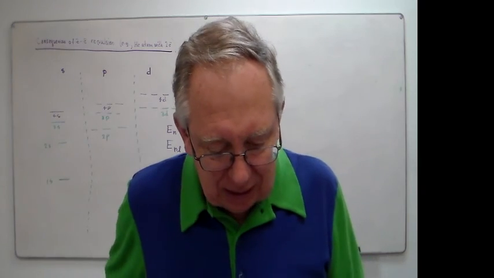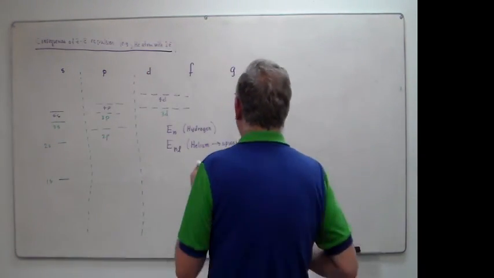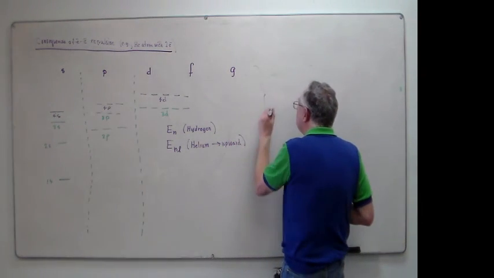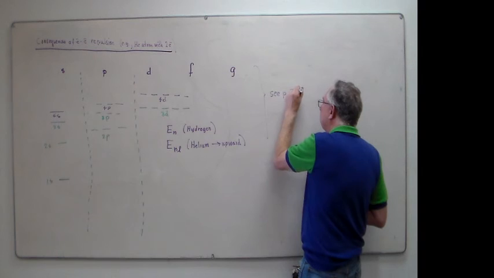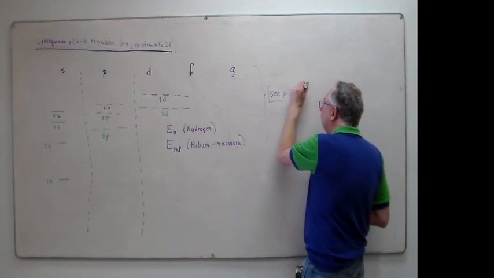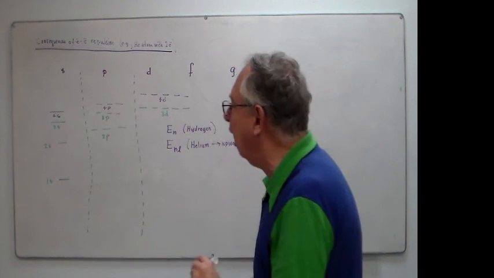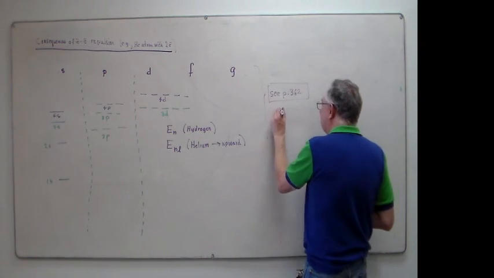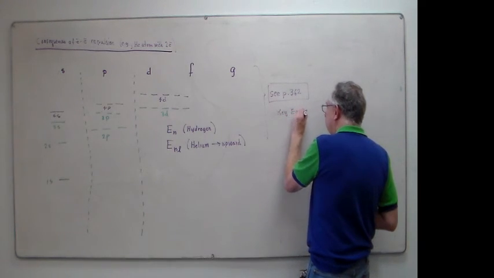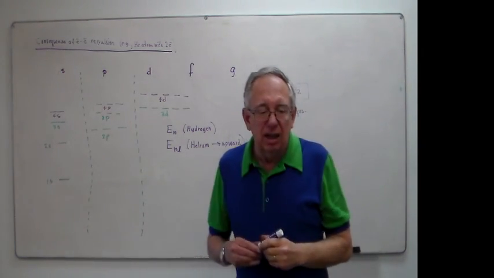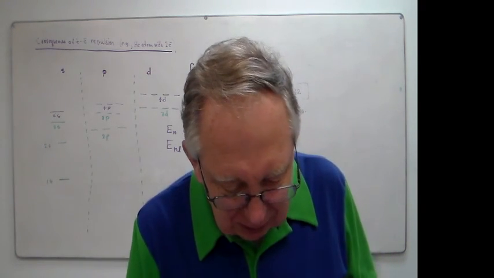Now, let's take a look at page 362 of our textbook. See page 362. And in particular, I want to look at key equations. This is on our atomic structure and spectra chapter.